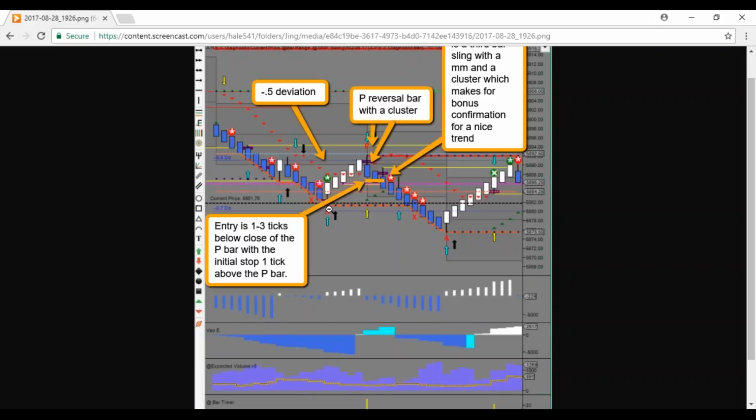You get an up close bar, you get an A. So when you see that red A, what do you know that you'll get on a reversal bar? Most likely, unless the whole pattern reverses, a P. So that is one of the other ways you can start looking out for these things: when you see an A, you're expecting a P. So I see the A, I'm expecting a P at some point.